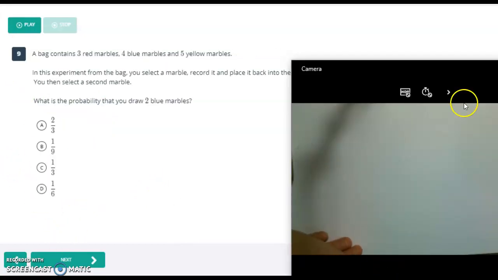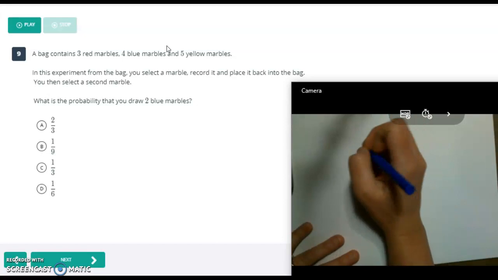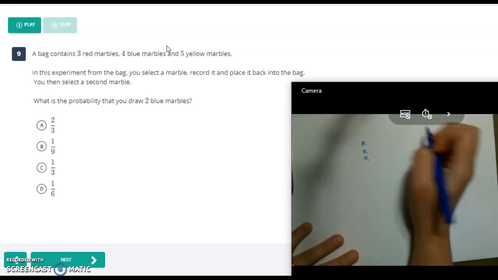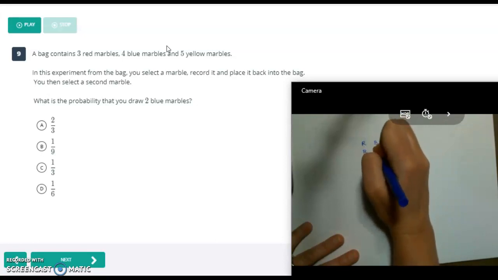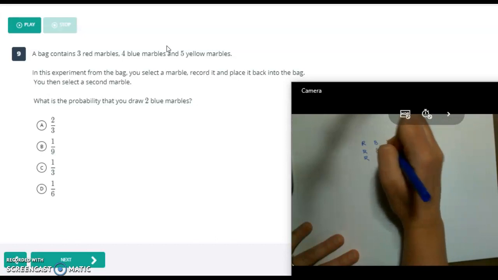Okay, for this example, again, we're looking at marbles, and it says we have 3 red, 4 blue, and 5 yellow. So I'm going to just kind of draw this out for you. So we've got 3 red, we've got 4 blue, and we have 5 yellow.